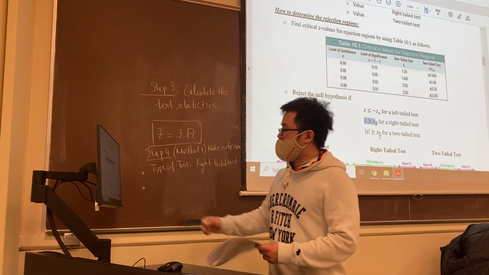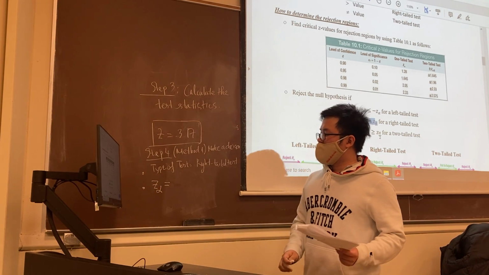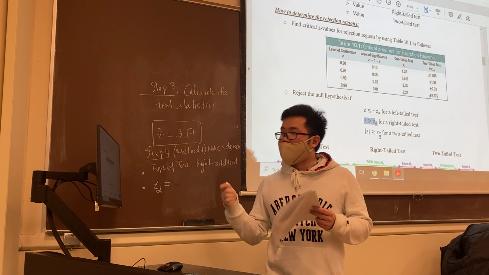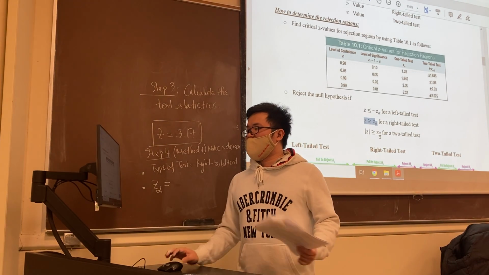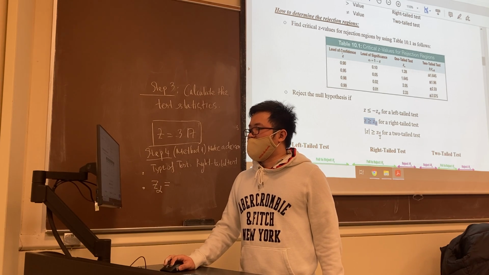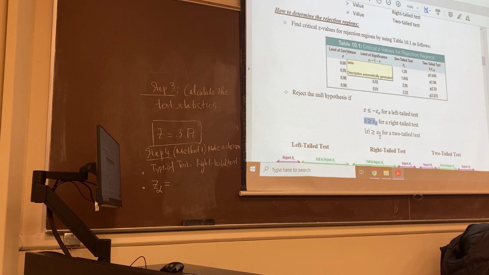The second one, we need to calculate the z alpha. What is z alpha here? You use table 10.1 to find z alpha. To find z alpha, you look at the level of significance or level of confidence. They give you the level of significance here as 0.05.